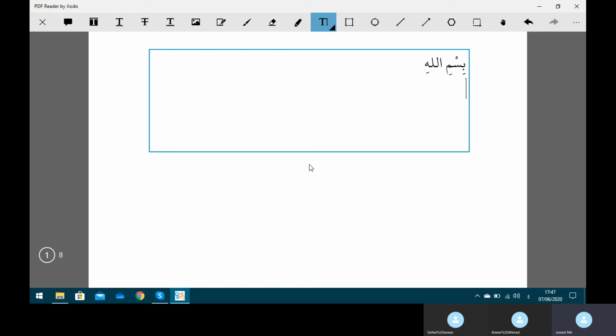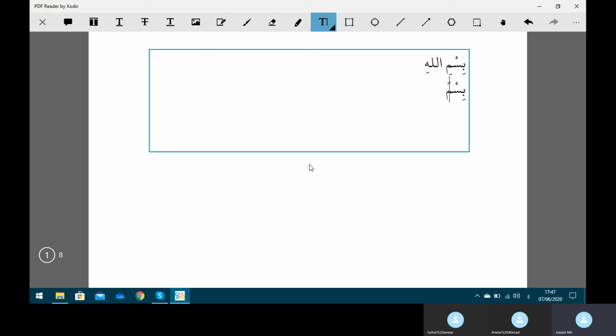Number two is look at the noun after it. The word after B is ismun. But this is known as a hamzatul wasl. We're going to cover that later. This is known as a hamzatul wasl, meaning this hamza won't be read if we have something before it. We have a B before it, so it won't be read.